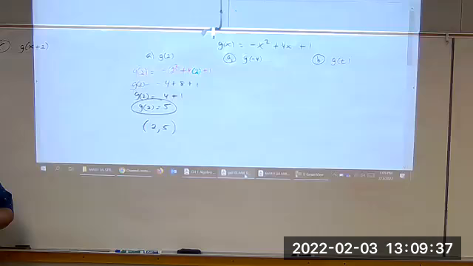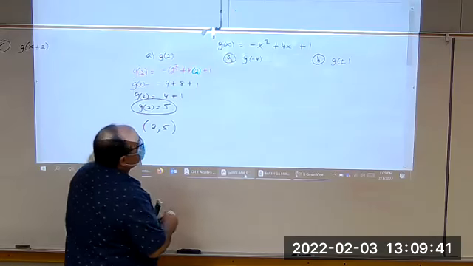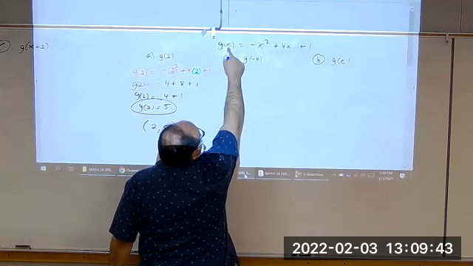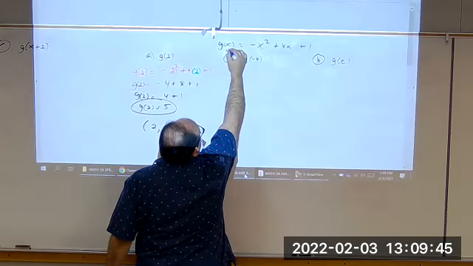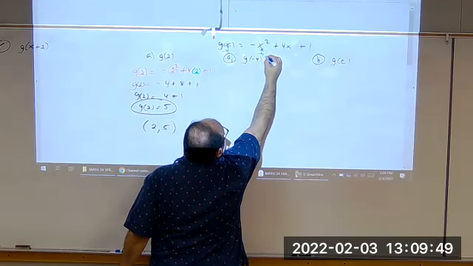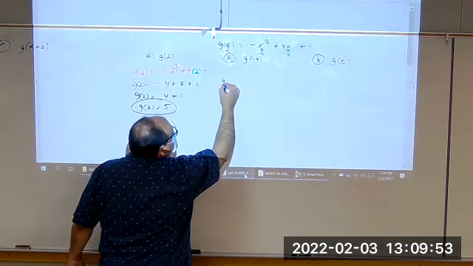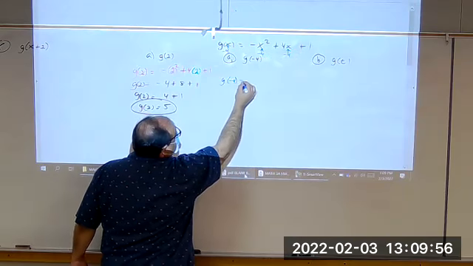Now we're going to plug in a negative. Again, let's see the substitution first. I'm replacing this x with a negative 4. So that x is going to get replaced with a negative 4, and that x right there is going to be replaced with a negative 4. So just the substitution.